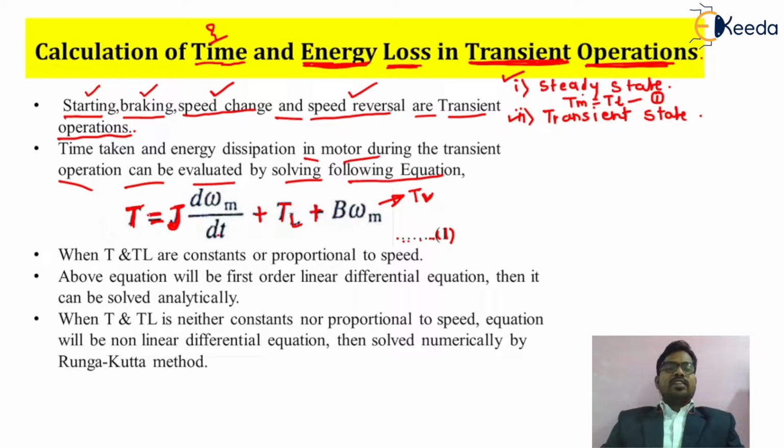In the transient operation, the first condition is when T and TL are both constant or proportional to the speed.